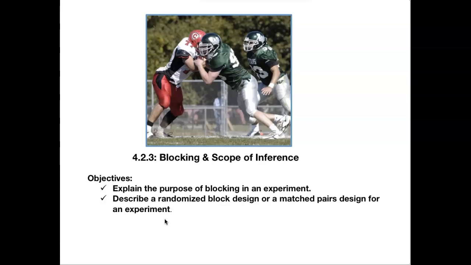So let's say you're testing a drug, and because men and women's bodies are biologically different, I hope I'm not breaking anything new to you, with different hormones, they may react differently to that drug, right?